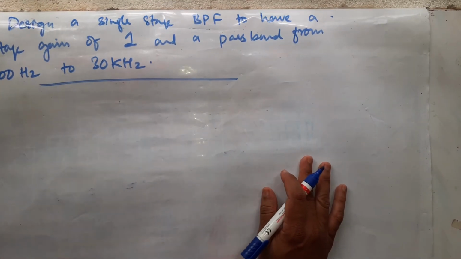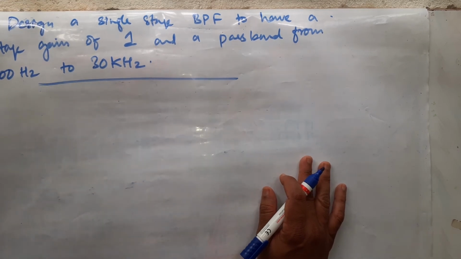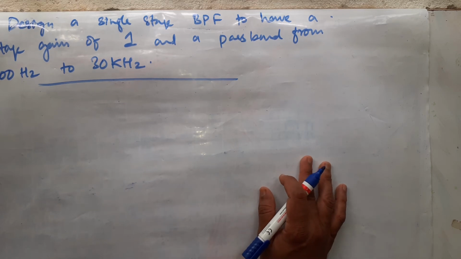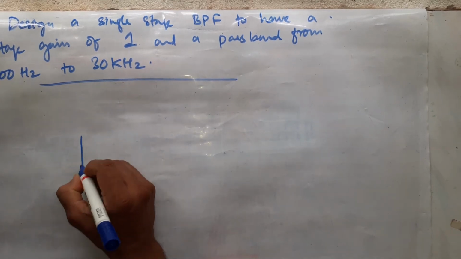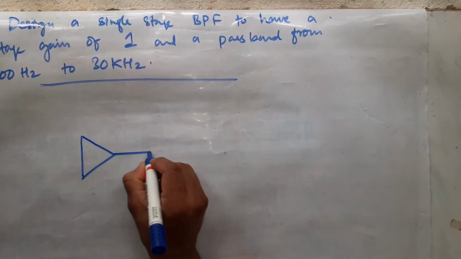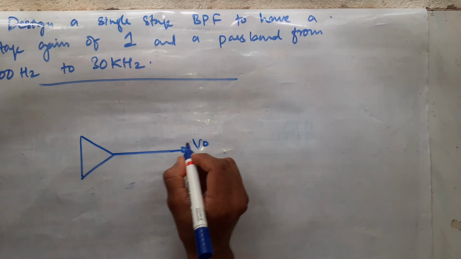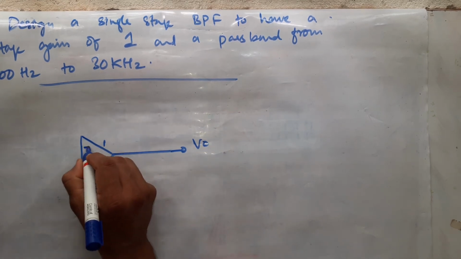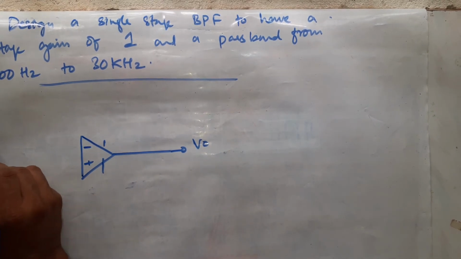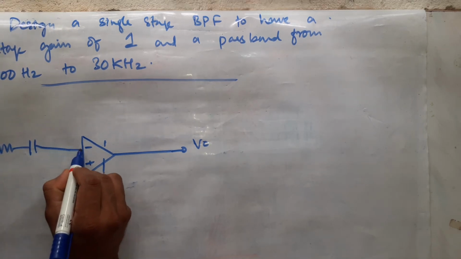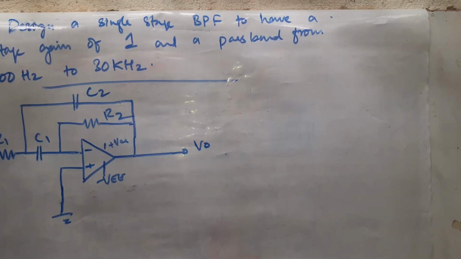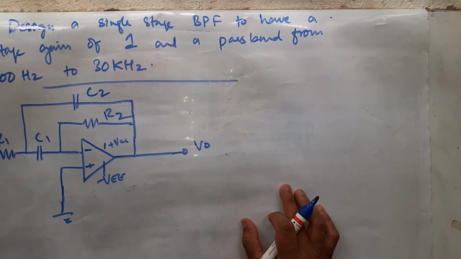It's better if you draw the band pass filter first. So let me draw it. Yes, this is your circuit, right?